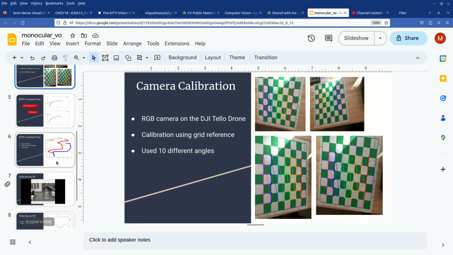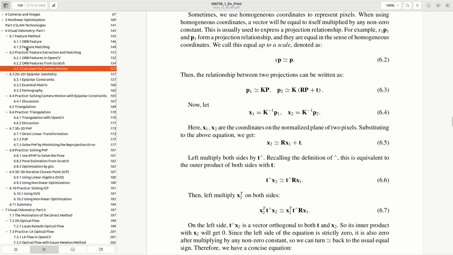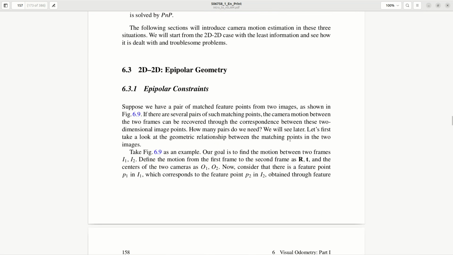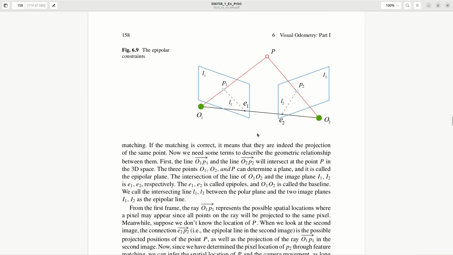So the next important concept, one of the most important concepts, is of course the epipolar geometry. Because we are doing the 2D to 2D case, the epipolar geometry is of the greatest importance.